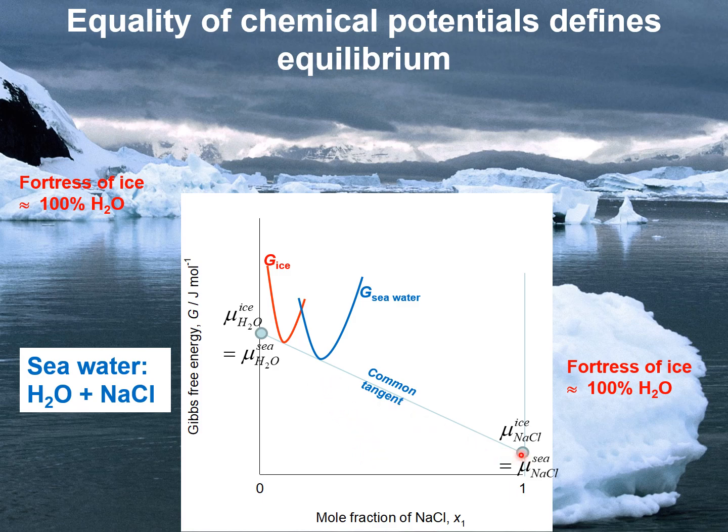At the other end, the common tangent intersects the x1 equal to 1 axis, at which the chemical potential of NaCl in ice is equal to the chemical potential of NaCl in seawater.